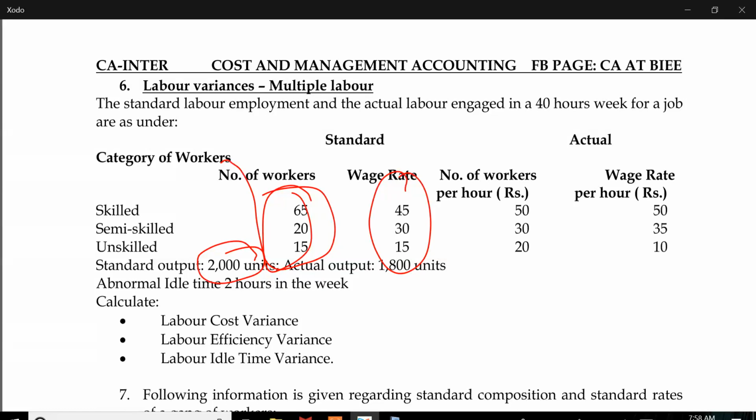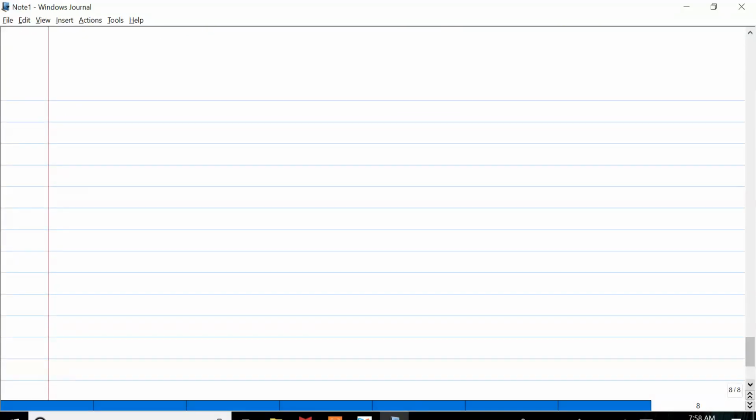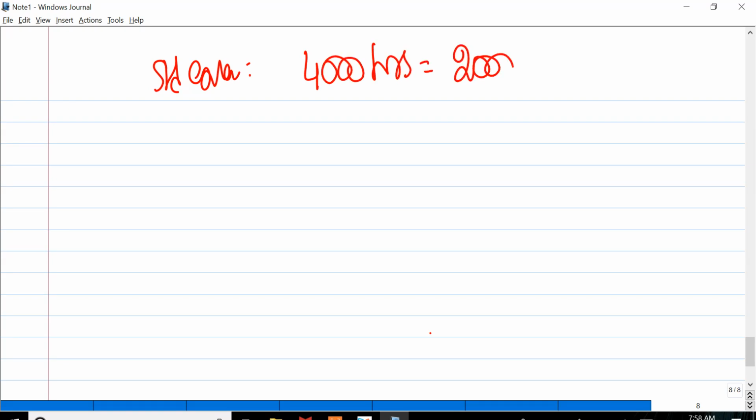Now write the standard equation. 4000 hours is equal to 2000 units.